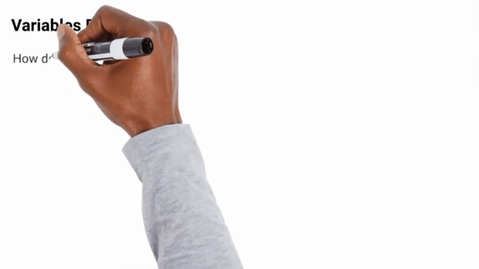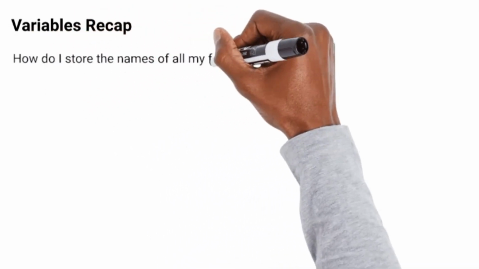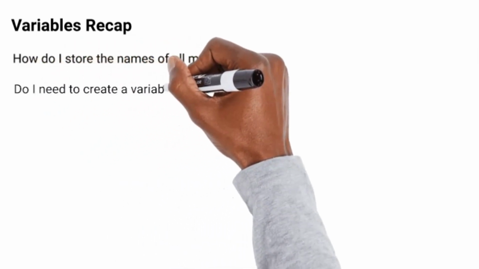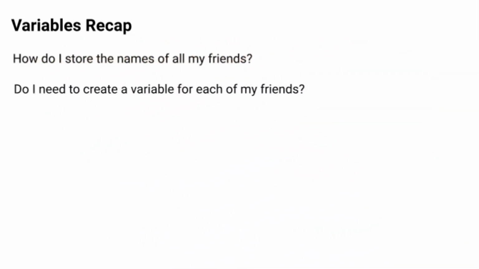But the question is, let's say you want to store the names of all your friends, or the names of all the students in your class. By this method, that means we have to create different variables for everyone.